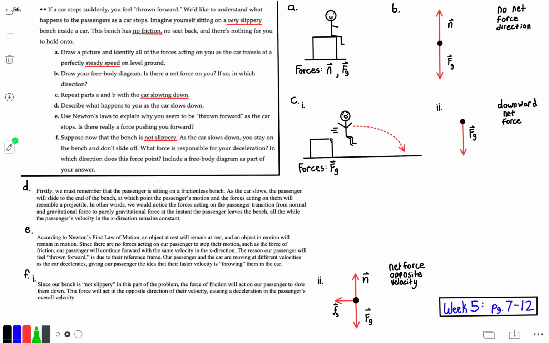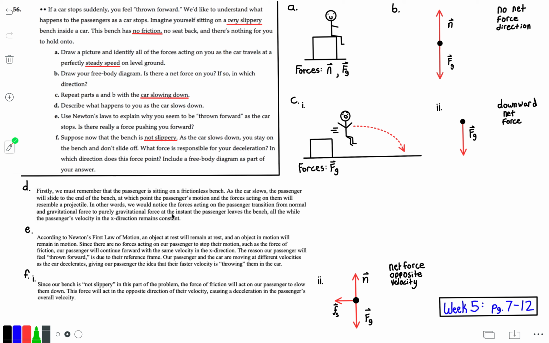Up until the point where the passenger leaves the box, they are exhibiting both normal and gravitational forces. But as soon as they come off of that box, they're acting as a projectile, and their net force is going to be downwards, just the force of gravity. So as we can see here, force of gravity, and he's just flying off of that seat.